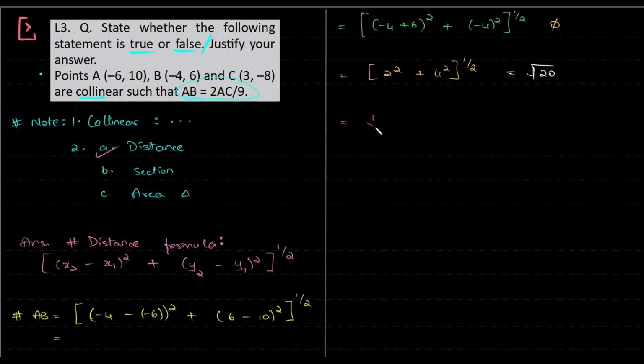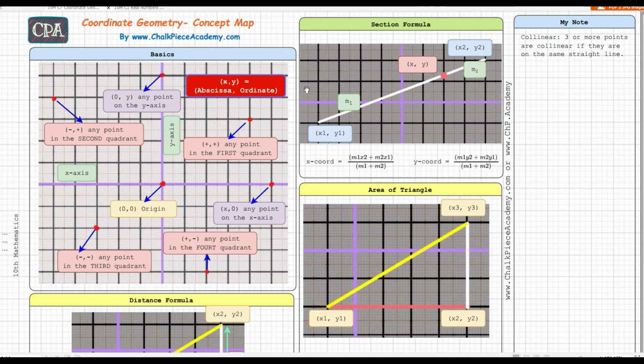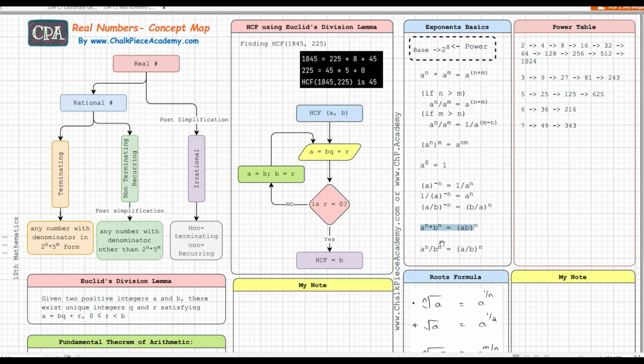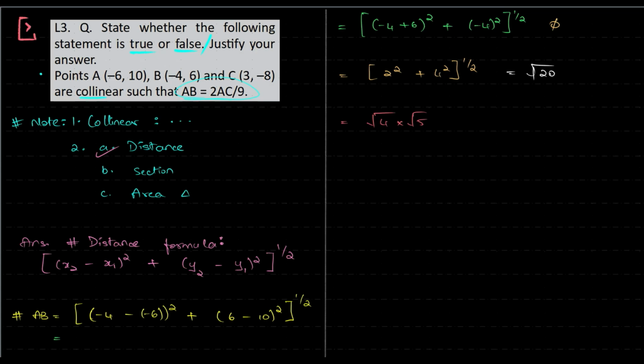And square root of 20 can be written as square root of 4 into 5, right? Square root of 4 into square root of 5. This is with the help of this particular formula: (ab) to the power of n is a to the power of n into b to the power of n. Okay, and so we have 2 root 5 unit.